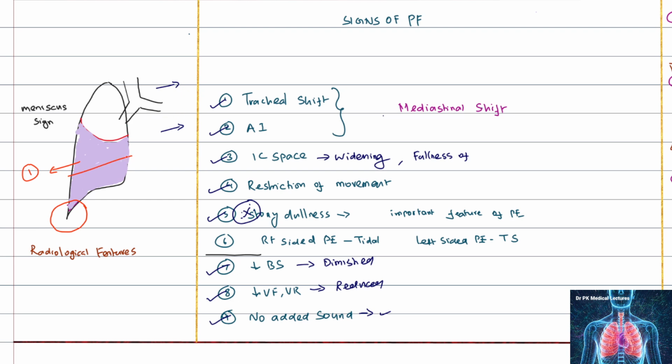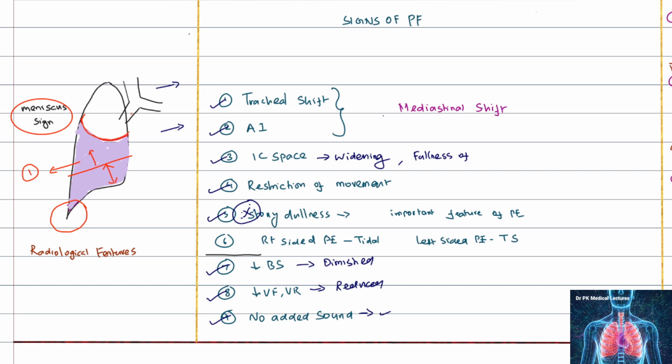Number 4, regarding this opacity, it is more radiodense in the lower part of the lung. Once you go upwards, it becomes radiolucent. Then meniscus sign is an important sign seen in chest X-ray. That is, the upper level of pleural fluid is higher in the axilla and it is concave in shape.